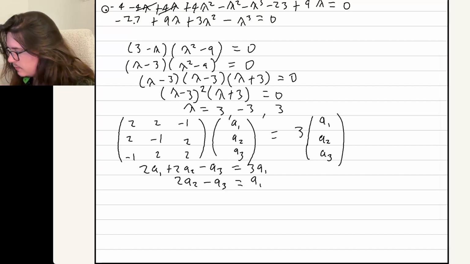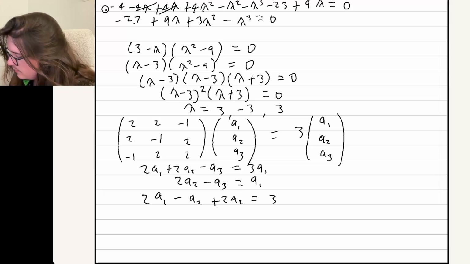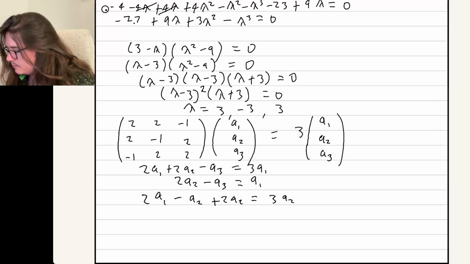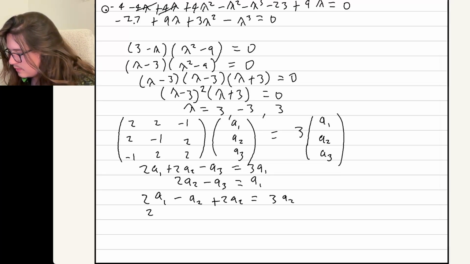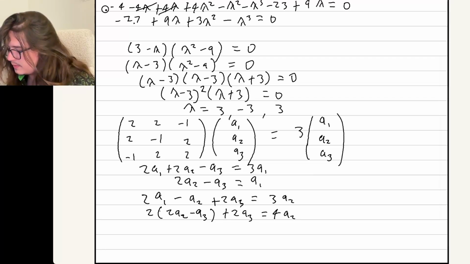And then let's do the second equation, which we get from the eigenvector equation even. So 2a1 minus a2 plus 2a2 equals 3a2. Just adding an a2 to both sides and plugging in what we just got for a1, we have 2a2 minus a3, and then plus 2a3 here equals 4a2 on the right hand side.